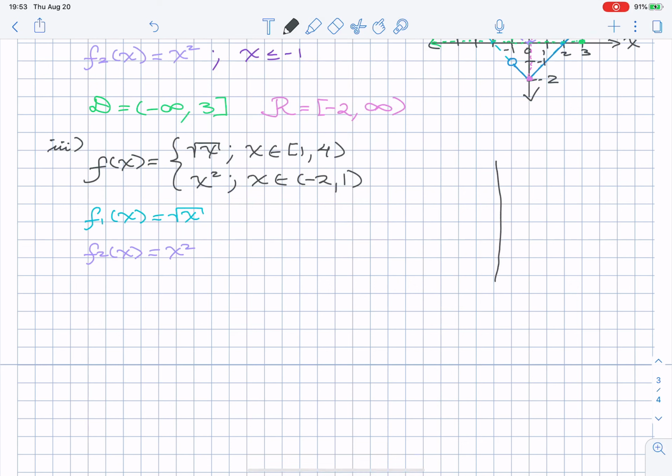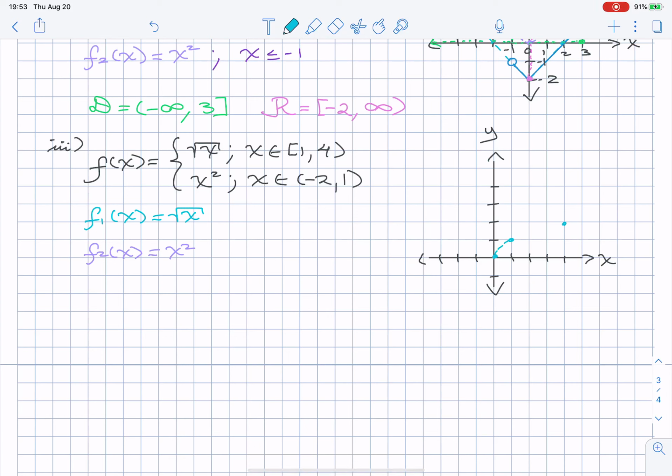X and y coordinate axes, 1, 2, 3, 4. So the square root of x starts at 0: square root of 0, square root of 1, square root of 4.